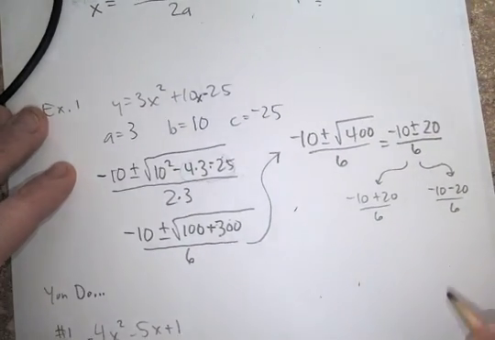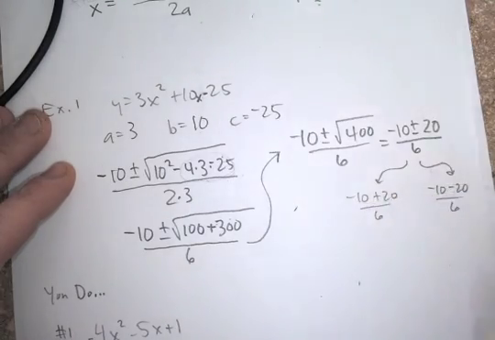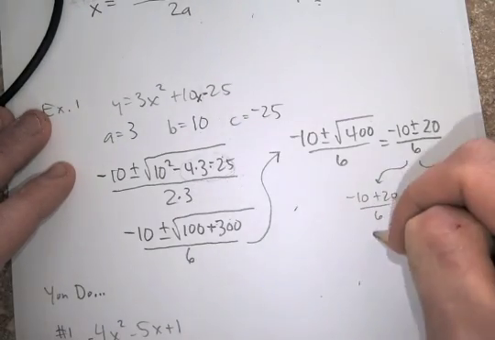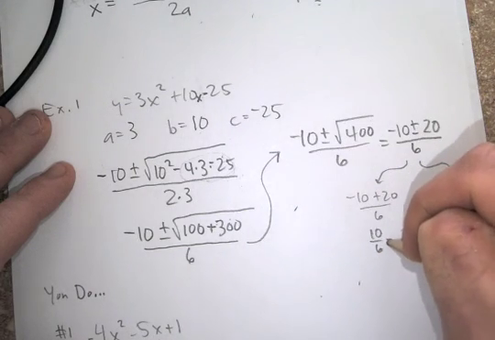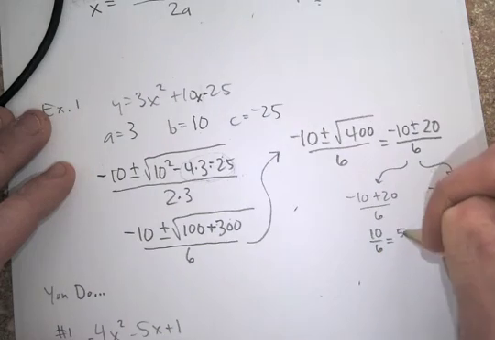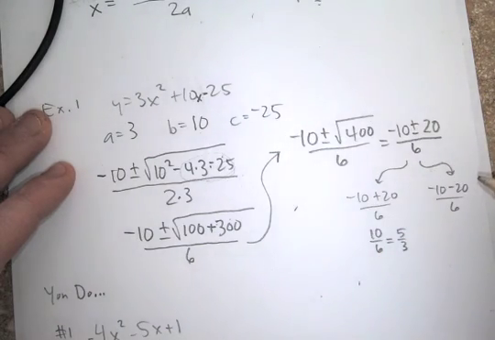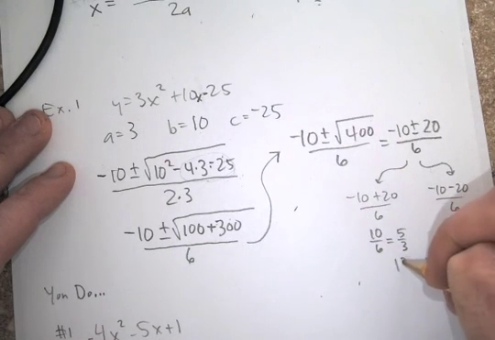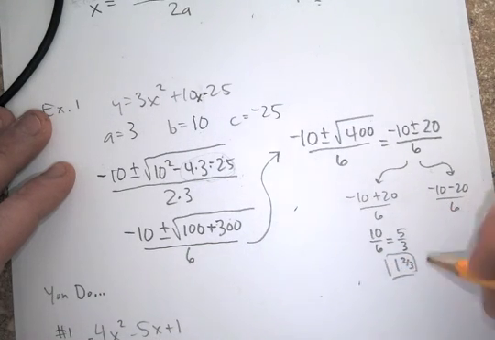You got to show both of those answers. So negative 10 plus 20 is 10 over 6, which reduces to 5 over 3, or 1 2/3. And then negative 10 minus 20 is negative 30 over 6, which is negative 5.